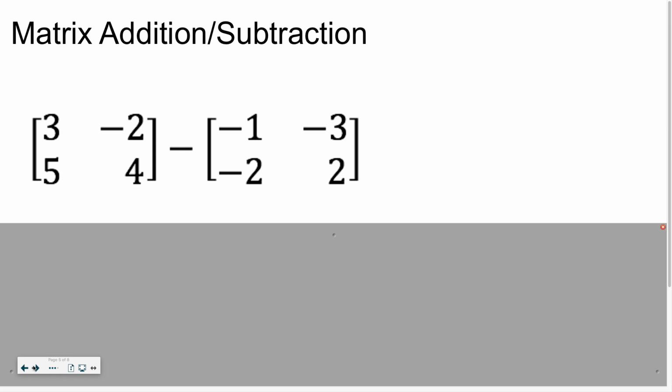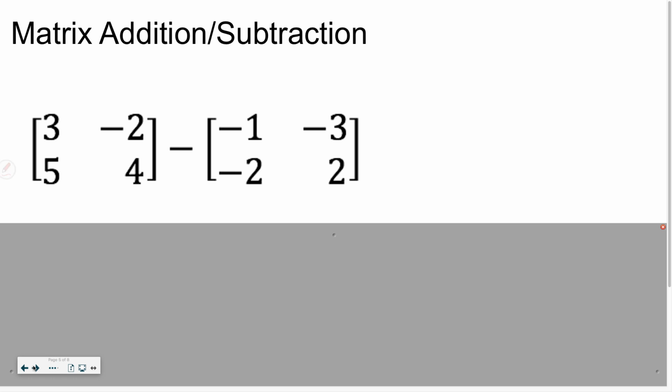Would you subtract wherever the numbers correspond in the same spots, like 3, -1, -2, -3? Corresponding entries will be added or subtracted.